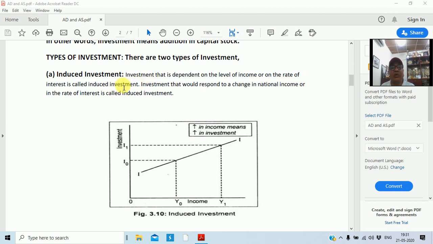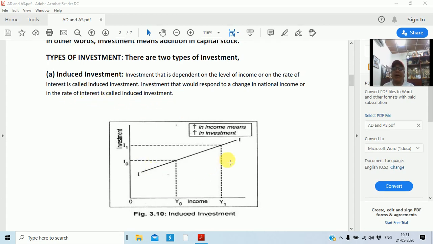Investment and level of income have direct relation. If there is more income earning, more investment will be there. But investment and rate of interest, if the rate of interest is high, the investor will go for the low investment. Investment that would respond to the change in national income or in the rate of interest is called induced investment.